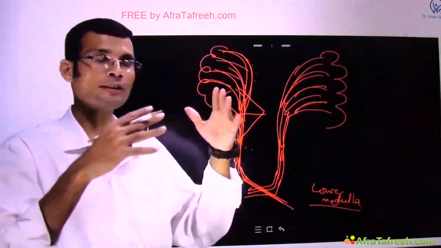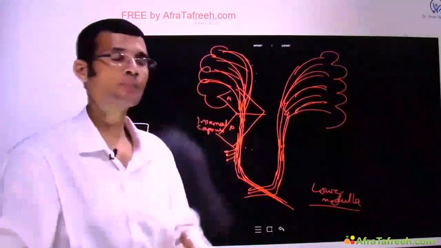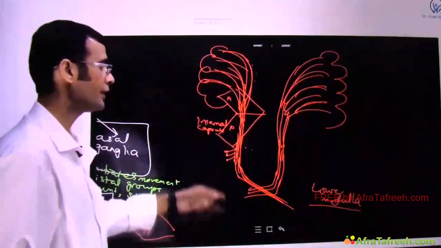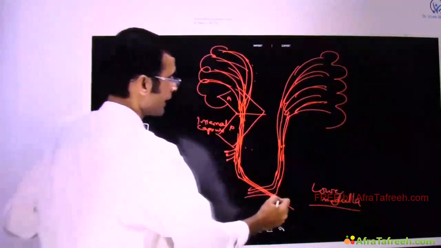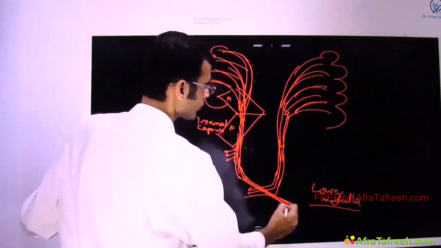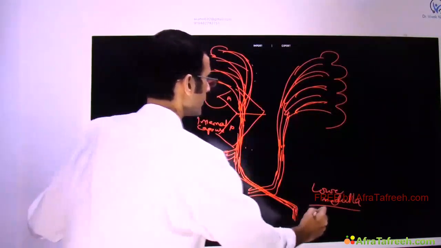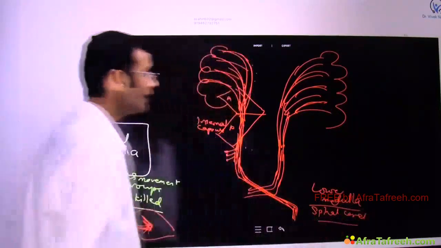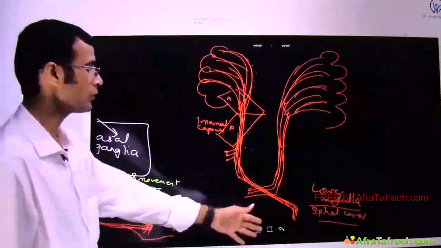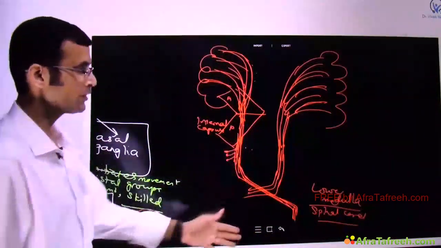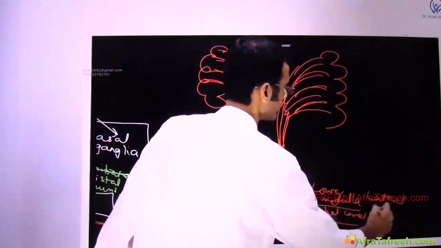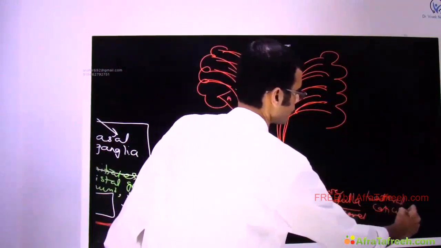That was causing sensory decussation, crossing over of fibers. Here it is a motor decussation in the lower medulla. 85 to 90% fibers cross the midline and enter the spinal cord, and they start running on the lateral aspect of the spinal cord. So this is called the lateral corticospinal tract.